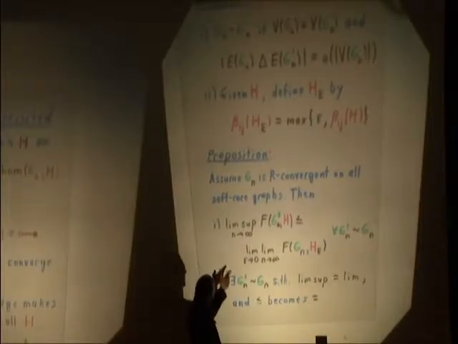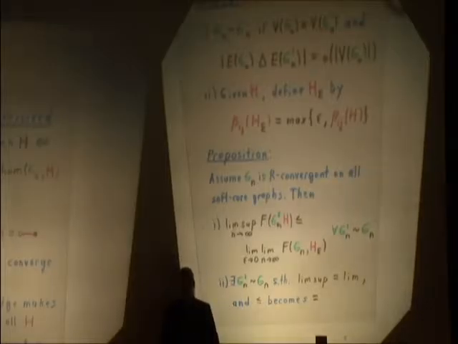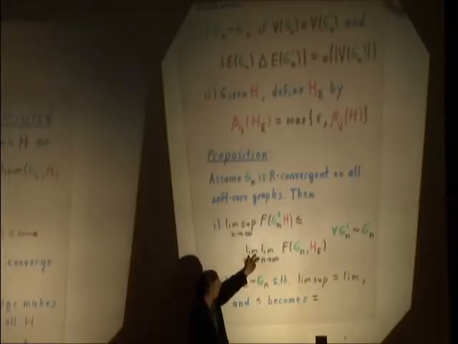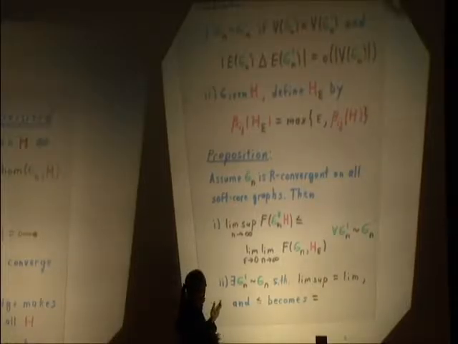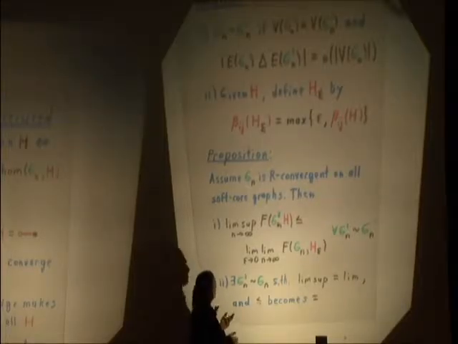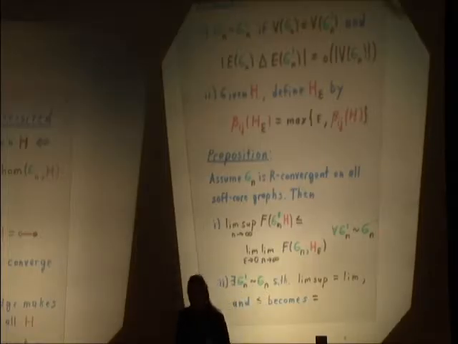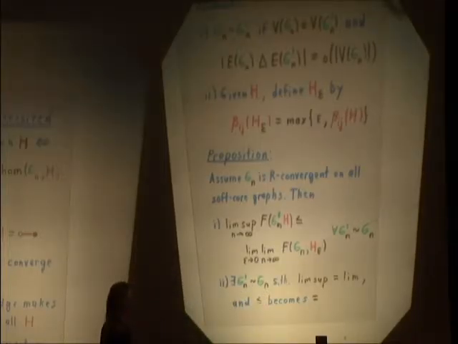If this is the case, then this is also minus infinity, there's nothing to prove. If this is not minus infinity, then you can remove more and more edges from your graph Gn prime until you can't raise it anymore. And at that point, you have reached this limit. So it turns out that these hardcore constraints which gave us a counterexample are sort of not there. You can always remove enough edges from the graph such that they're just little o in the limit, and actually you get what should be the limit.